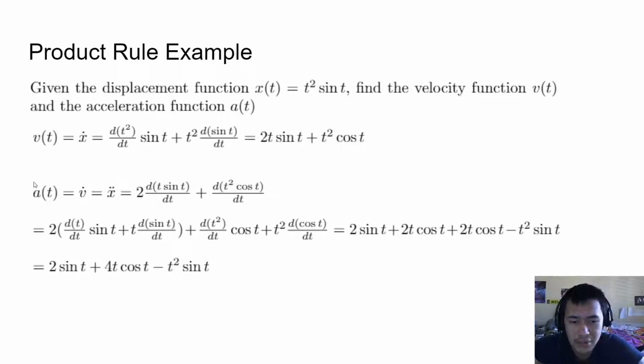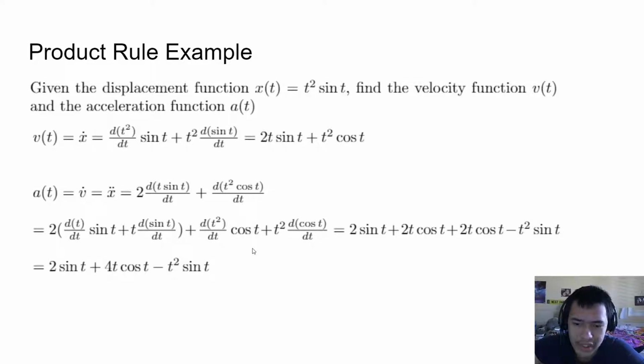Now, to find the acceleration, we take the second derivative of x, which is just the same as taking the derivative of v. So we're going to do that. We use the sum rule and then the constant multiple rule, as you can see here. So we don't have to deal with anything crazy for the functions. And then we just use our product rule, derivative of the first times the second, plus the first times the derivative of the second, and then we do it again over here.